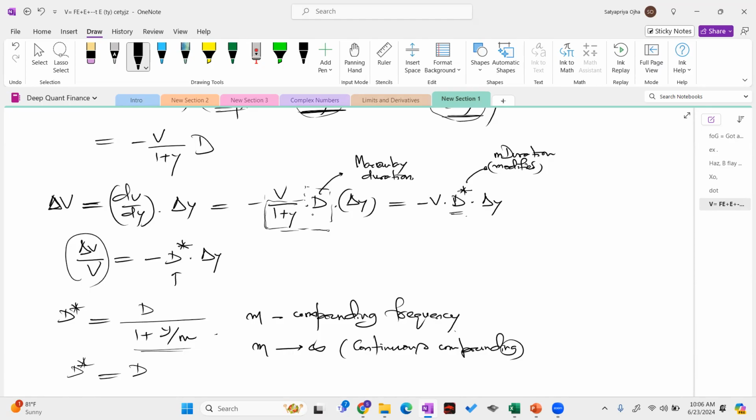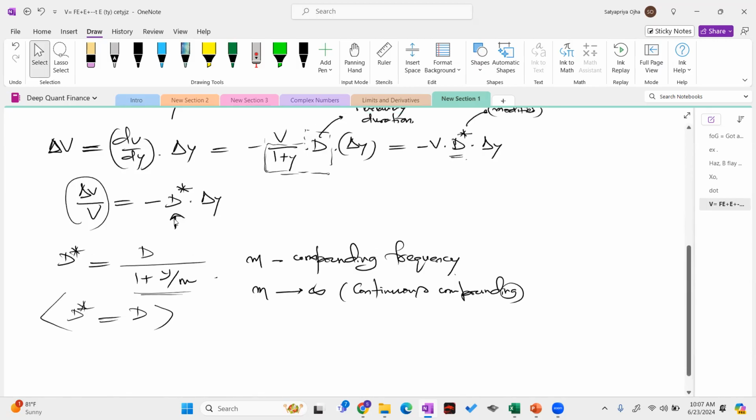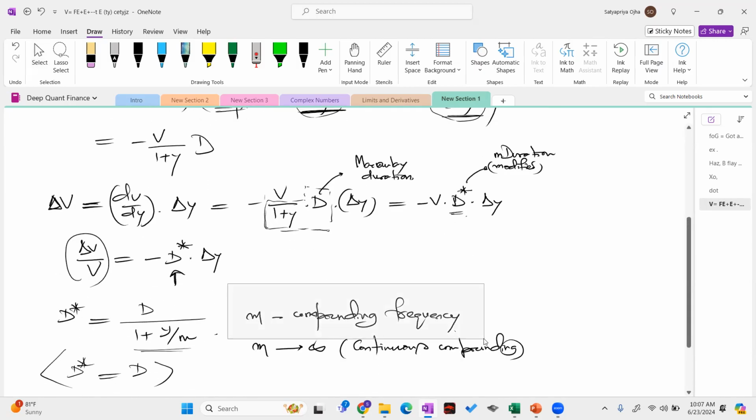So that's why in our first exercise, we saw the same D appear here, because it was continuous compounding. I would recommend you try this exercise with continuous compounding. Take e to the power. Do two exercises you must do. Actually you can do only one: m compounding frequency, and try to derive this expression.